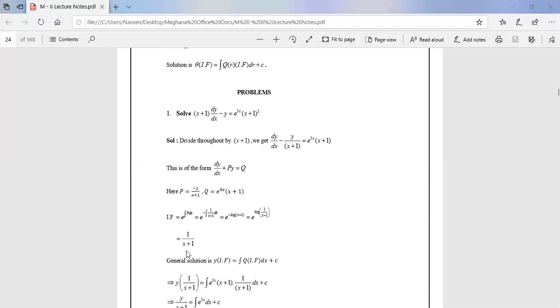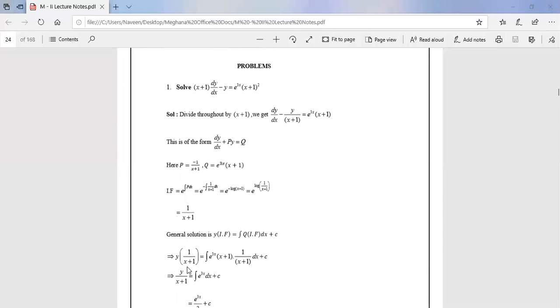So y into 1 by x plus 1 is equal to integral e power 3x. Here q of x is what? q of x is e power 3x into (x plus 1). So I have substituted in place of q, e power 3x into (x plus 1), into integrating factor, that is 1 by x plus 1, into dx plus c.